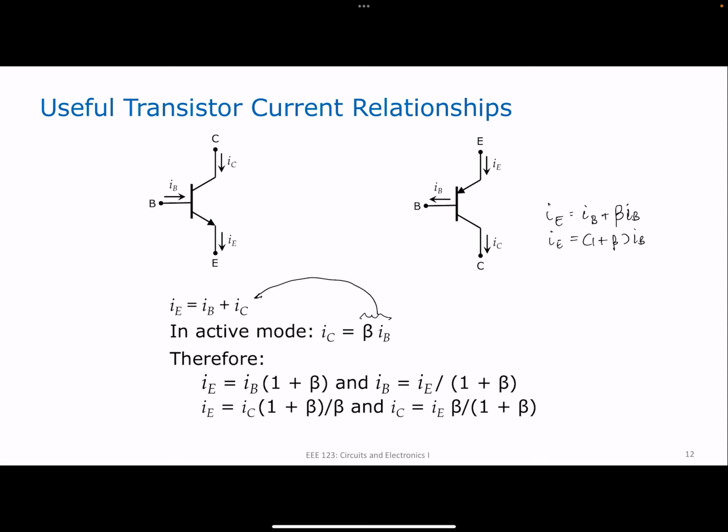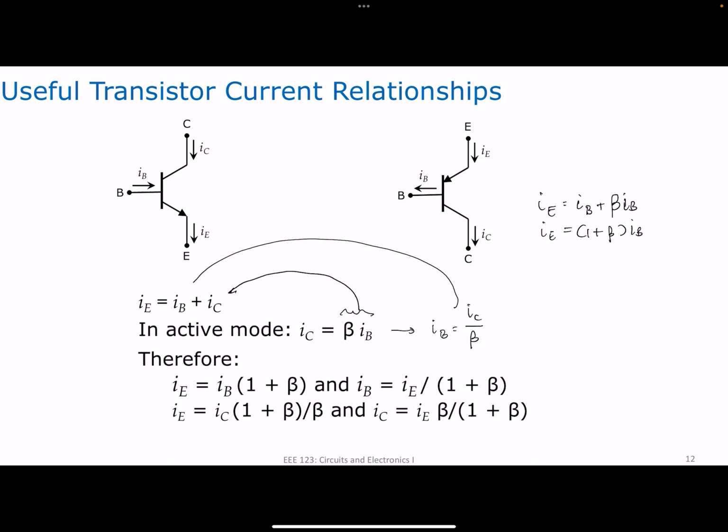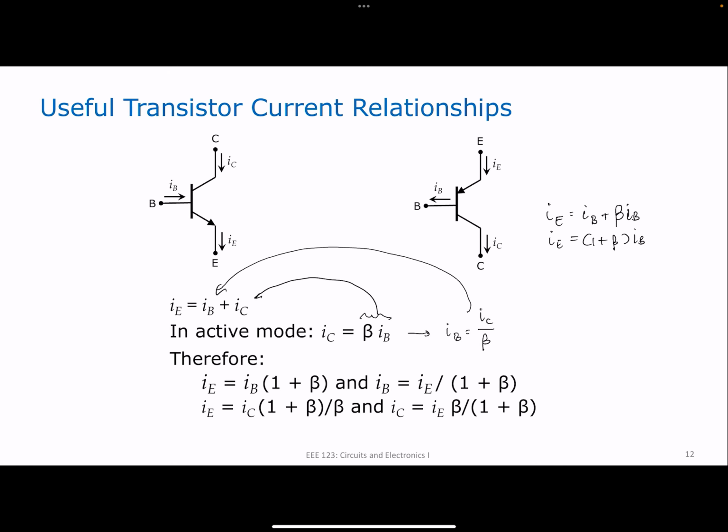On the other hand, from here, I know that IB is equal to IC over beta. And this I can substitute into this. If I do that, what am I going to get? I sub E is I sub C over beta plus I sub C, which is going to be I sub C multiplied by 1 plus beta over beta.